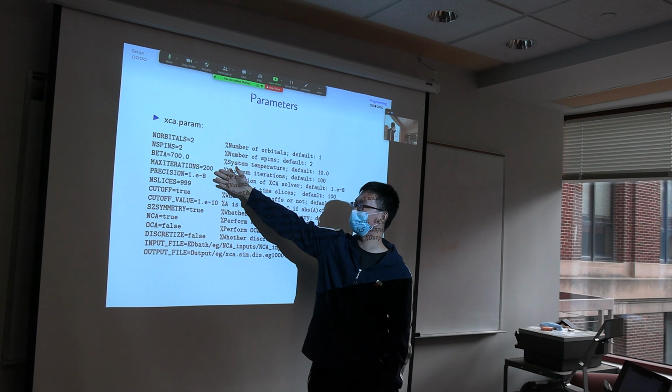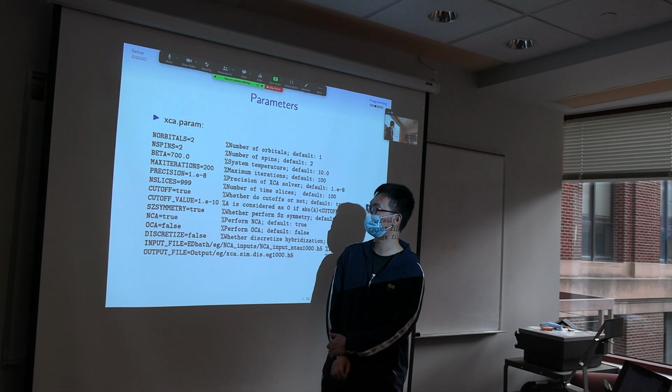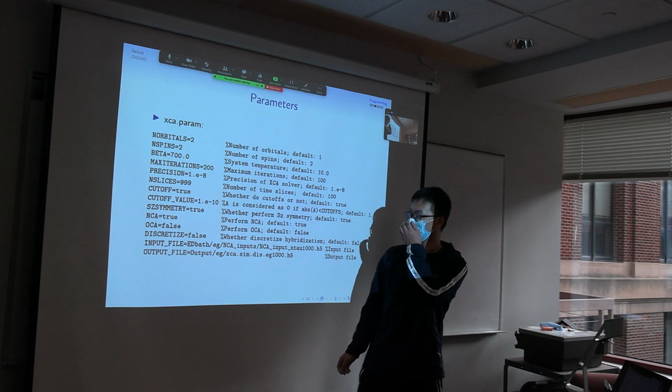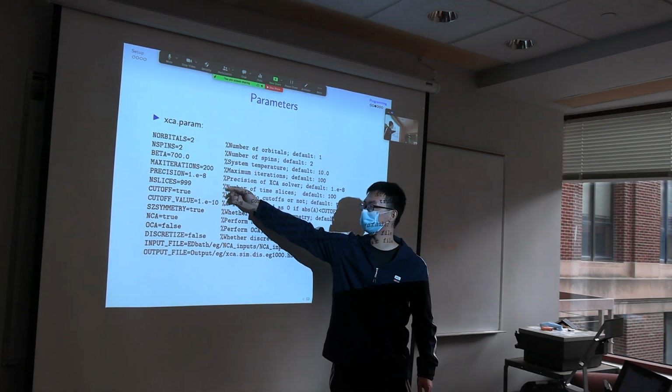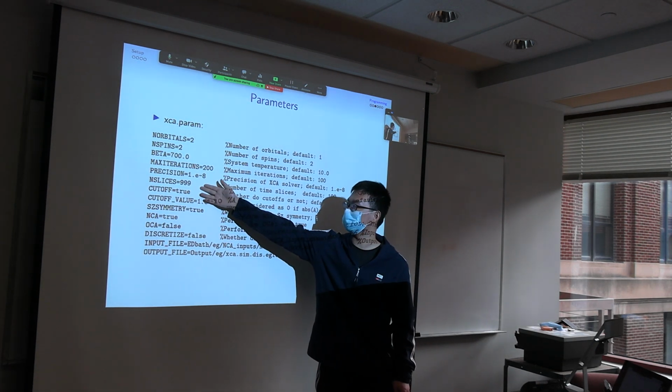Max iteration is the maximum number of iterations I use in the NCA or OCA iterations. And precision is just the precision of this solver. Once we reach this precision, the iteration will stop. And this one is the number of slices.